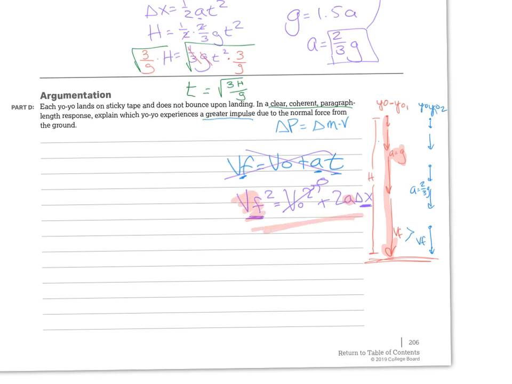So using this time-independent equation is a good reference in trying to explain it. Don't just list equation after equation. Make sure you are using them in sentences, with a clear flow of logic: this is what it means to have a bigger impulse, here's the equation for that. This is my claim that this one's going to have a bigger impulse because of it going faster. And here's my proof of it going faster using a kinematics equation.